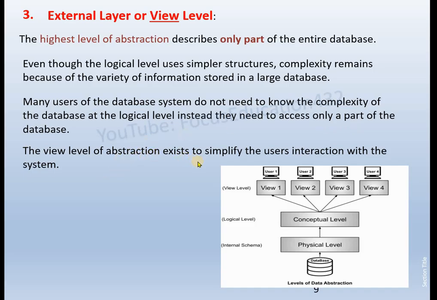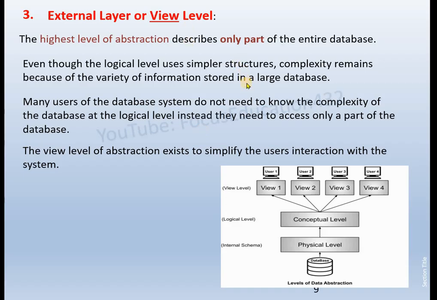So this level of abstraction, the view level, exists because the database system needs to simplify how users interact with the system. Suppose you are accessing a bank database and you need to write a query; you would need to know what the tables are, what the database is. Not everyone knows about this. They are not tech savvy, they don't know about database systems.